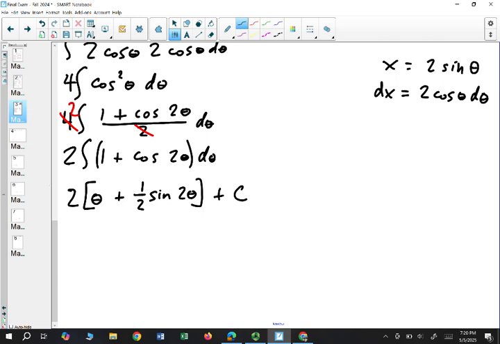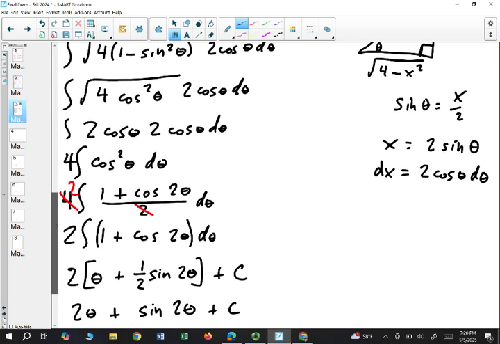To make this a little simpler, I'm going to distribute the 2 into the brackets here. So I have 2 theta plus, and then the 2 will cancel the 1/2, so just sine 2 theta plus c. Okay, so now another thing, I'm trying to convert this back to my original variable, the x's, right?